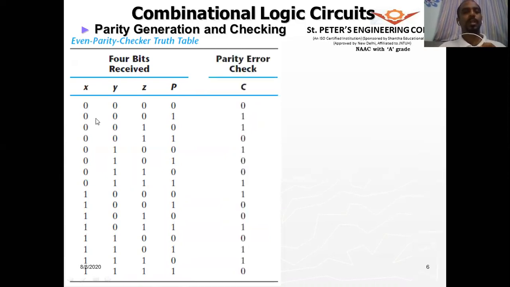Along with x, y, and z, p is also considered as one of the inputs. So p keeps varying as 0, 1, 0. I mean, p is the least significant bit and x is the most significant bit that we can consider here. In this, there are totally 16 combinations, starting with all bits being zeros to all bits being 1.